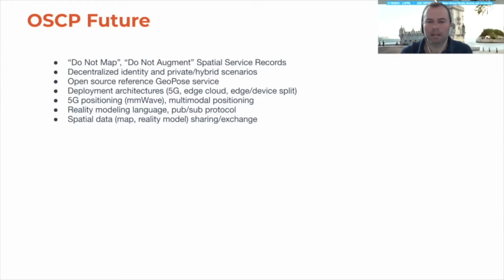And then the important aspect being the creation of a spatial data exchange around all of this information, and doing it in such a way that, of course, we honor the privacy of the end users and make sure that it's an incredibly secure environment. So thank you again for your time, and we encourage you to join us on this journey. Thanks.